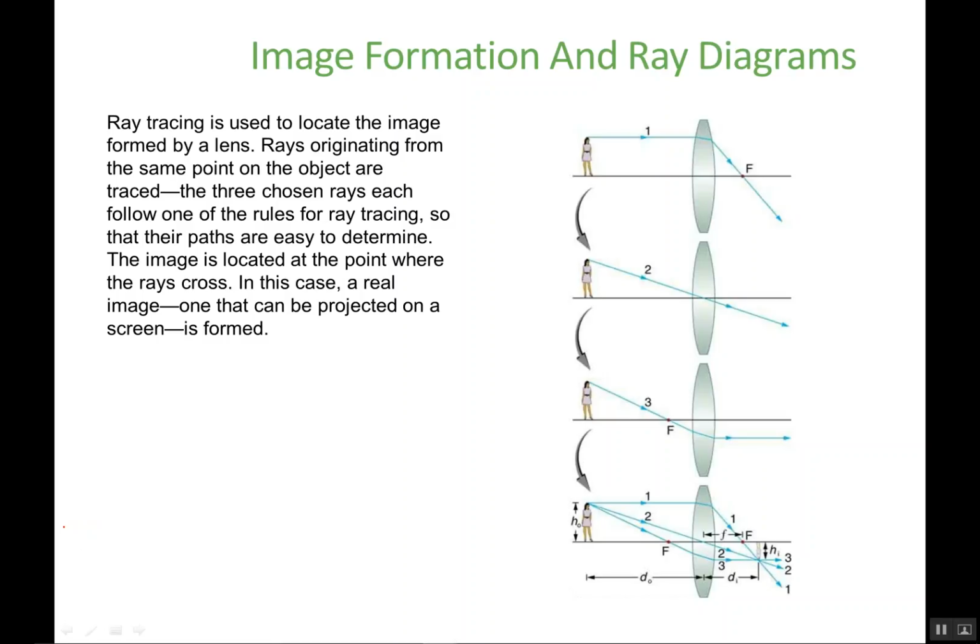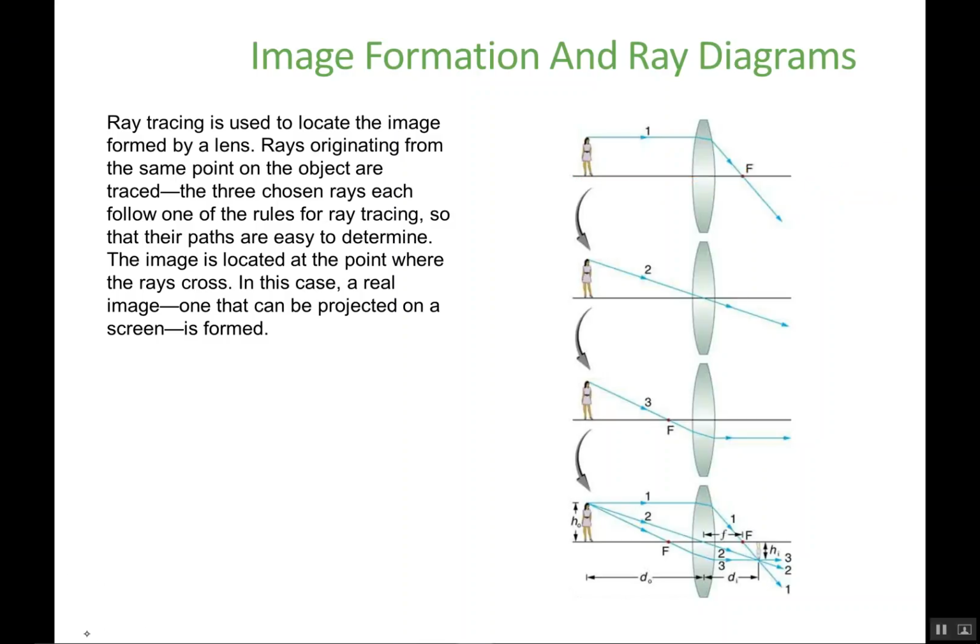Well, the first principal ray is a ray that emanates from the object and is parallel to what's referred to as the optic axis. The optic axis in this picture is represented by this black line. And the optic axis is a line that goes through the center of the lens and travels through both of its focal points. Remember, lenses have focal points on both sides. So the black line here is the optic axis.